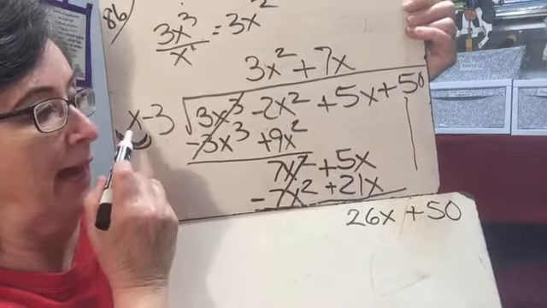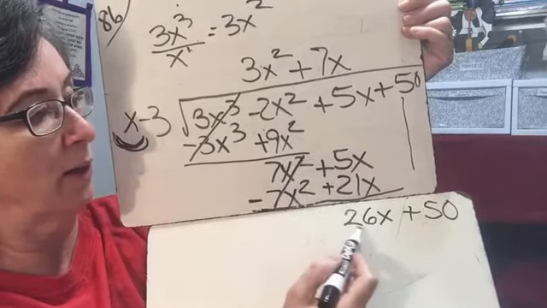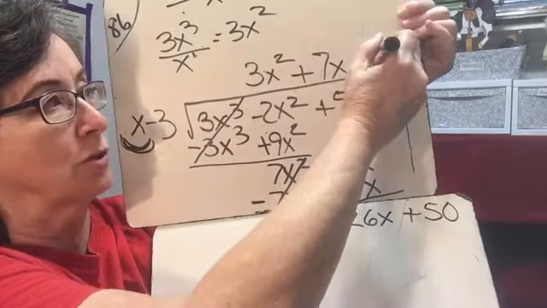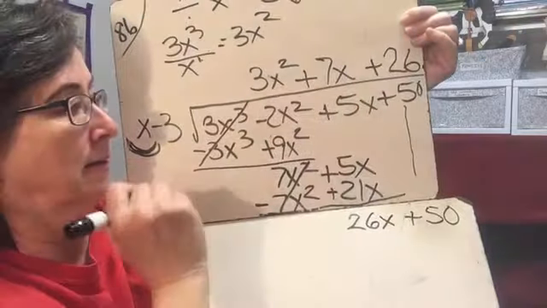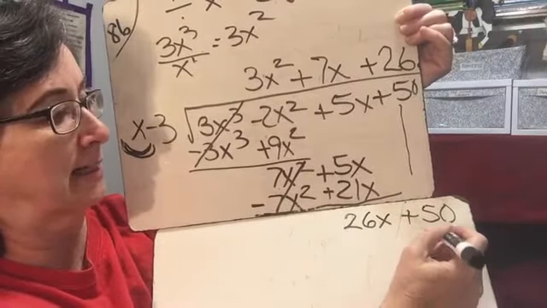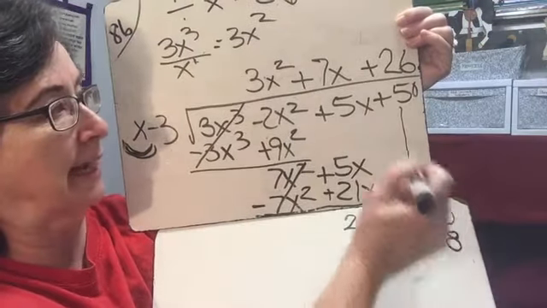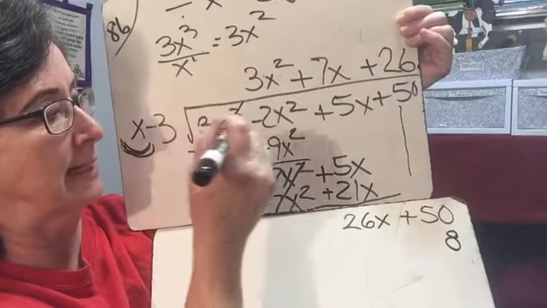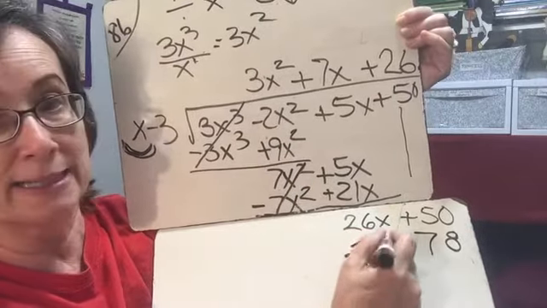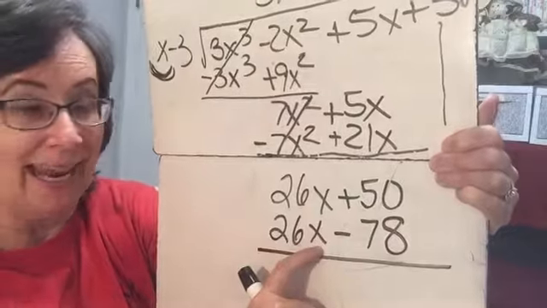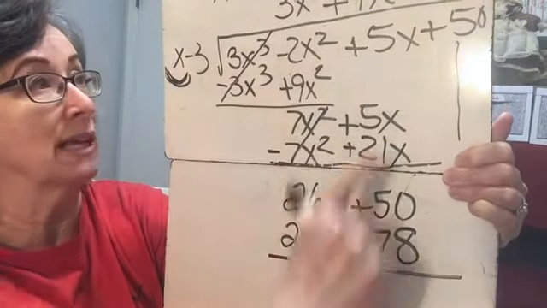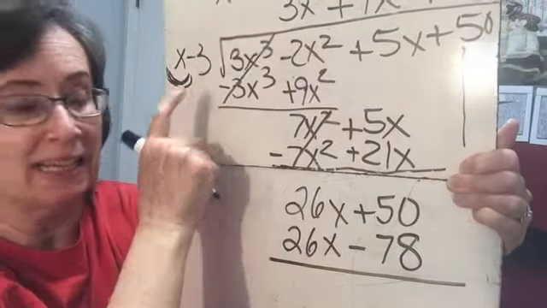Okay, so now x goes into 26x how many times? Plus 26 times. 26 times a negative 3, oh my goodness, that's a big number. 6 times 3 is 18. 2 times 3 is 6, plus 1 is 7, 78. 26 times x is 26x. And the sign in between is a negative because it was a 26 times a negative 3.